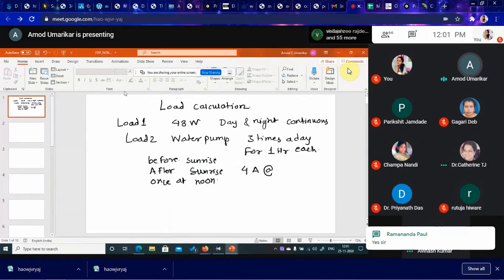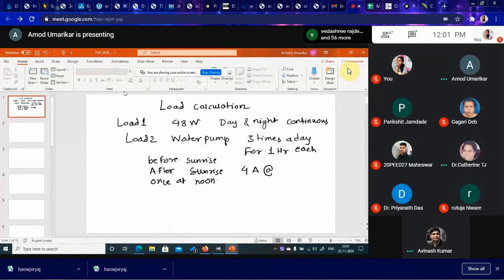Okay, so load 1 is 48 watt, day and night continuous. Load 2 is a water pump, 3 times a day for 1 hour each: before sunrise, after sunrise, and once at noon. This is 4 ampere at 24 volt DC. These are the two types of loads we have taken.